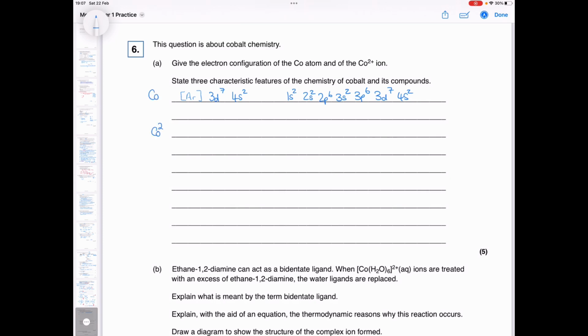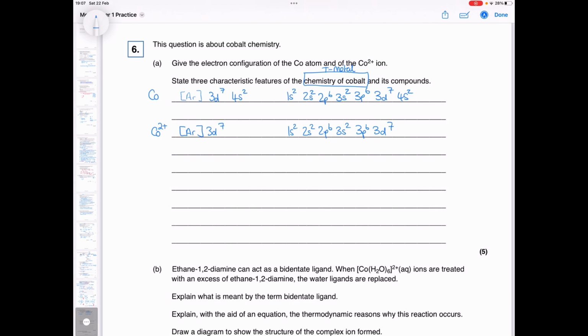Cobalt 2+, we've got to remember that 4s both fills and empties before 3d, so it's argon 3d7, or again written out in full, 1s2, 2s2, 2p6, 3s2, 3p6, 3d7, and then 3 characteristic features. Now, chemistry of cobalt is determined by the fact it is a transition metal. It has a stable ion with a partially filled d subshell. So any of the classic characteristic properties of transition metals will do.